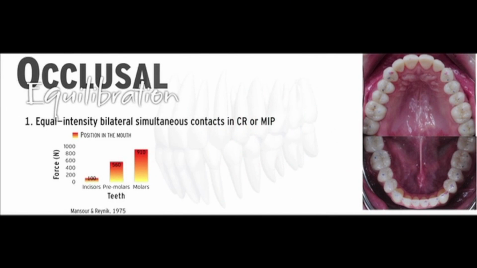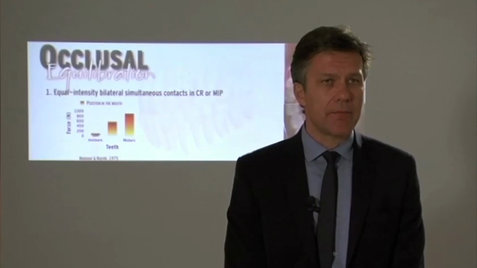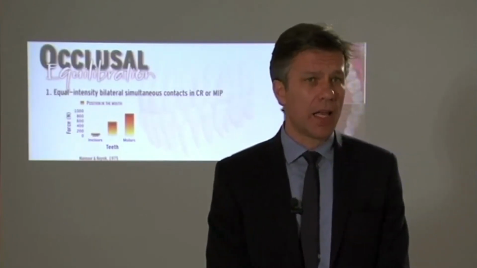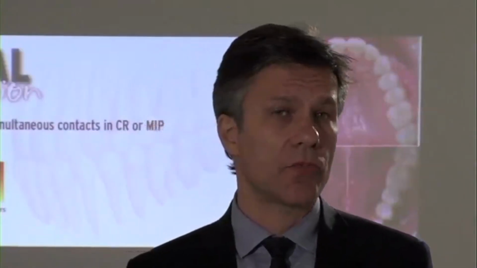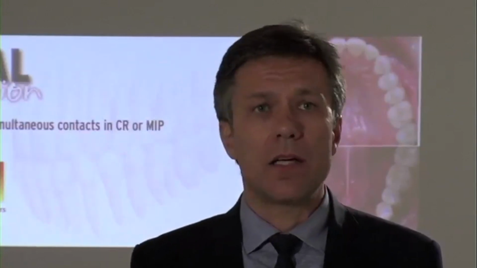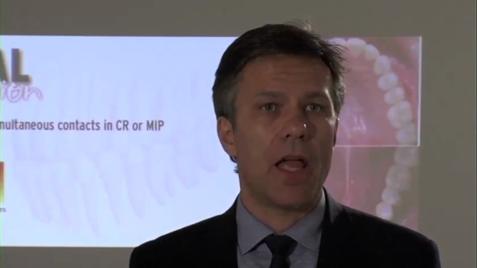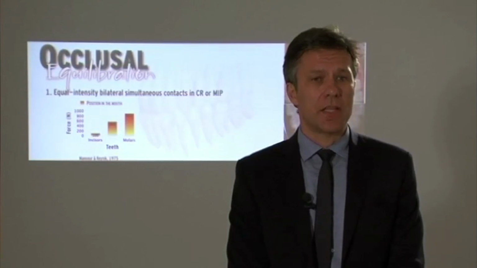When you talk about the recommendations for occlusal equilibration, you have to remember that the first one is equal intensity bilateral simultaneous contacts. But in CR or in MIP? In this case, as I'm doing a rehabilitation, of course we need to work with the only predictable and stable reference position that we have for this case, which is CR.